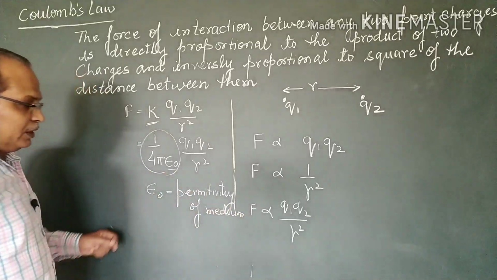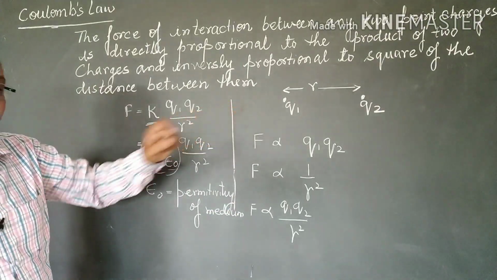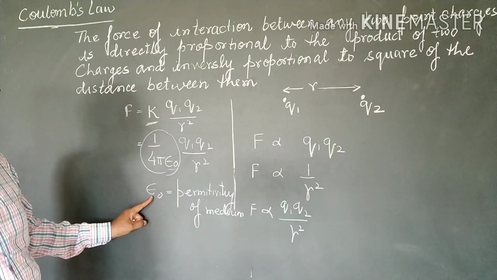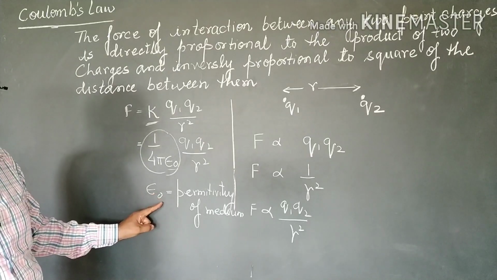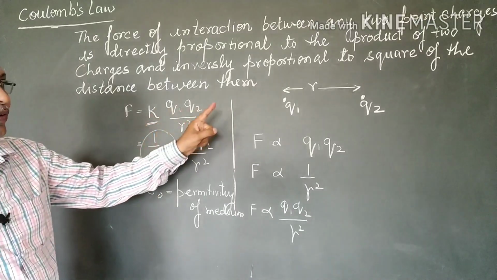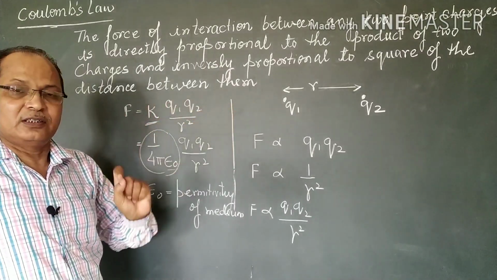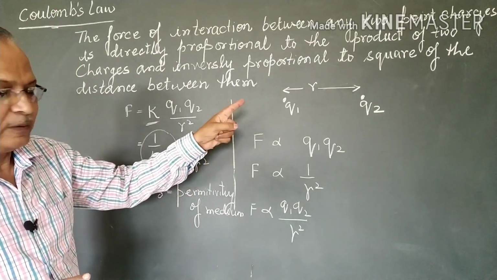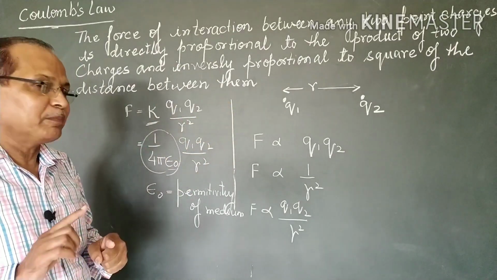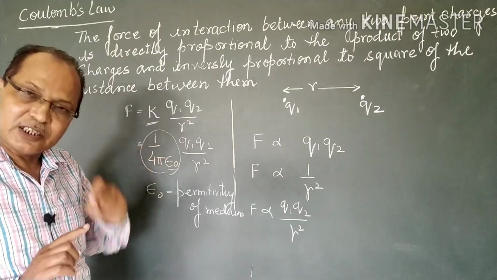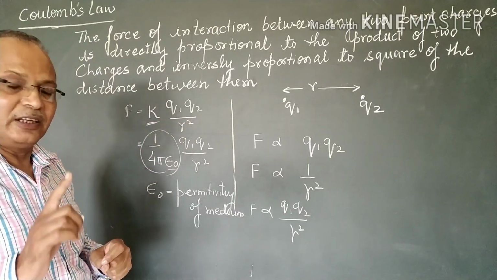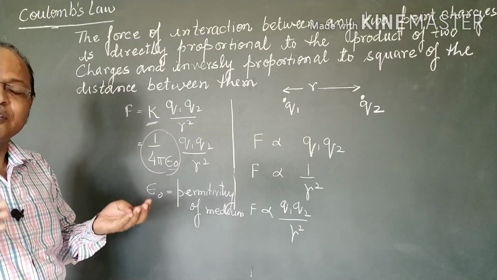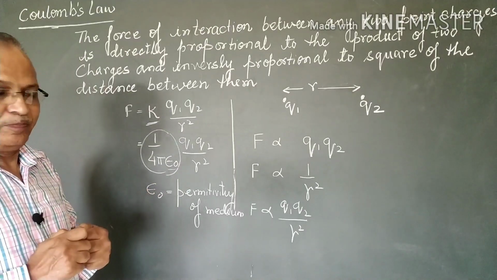Now if these two charges are kept in free space, then we will use epsilon naught, the permittivity of free space. The force of attraction between the two charges first depends upon the magnitude of the two charges. Second, it depends upon the distance between them. And third, it depends upon the medium where the two charges are kept.